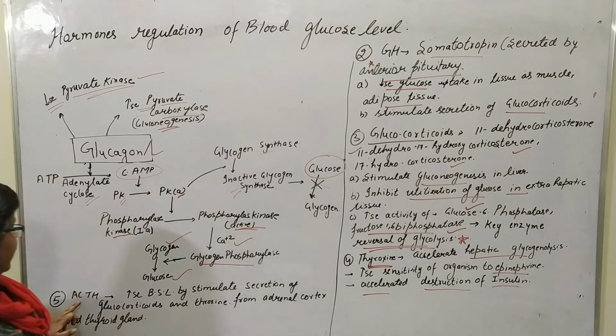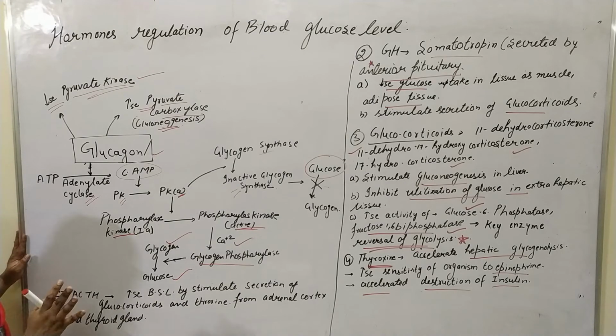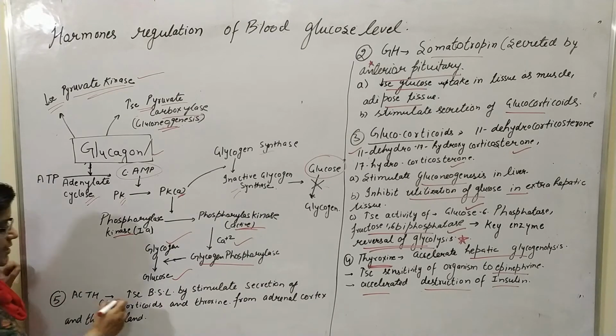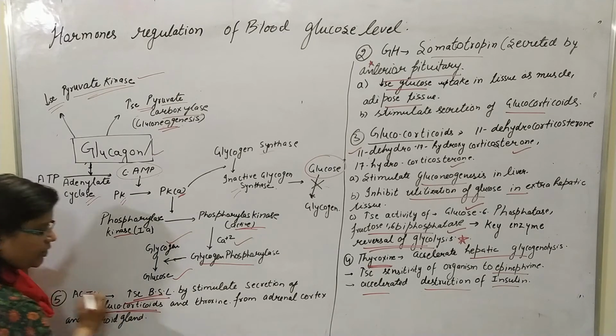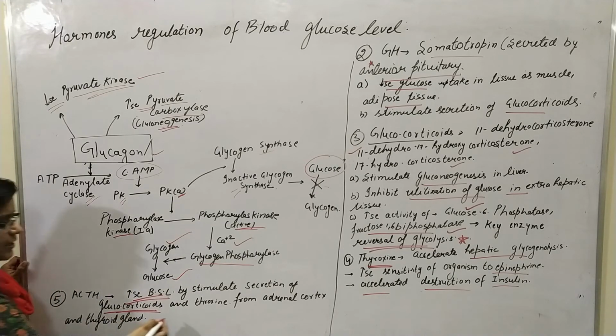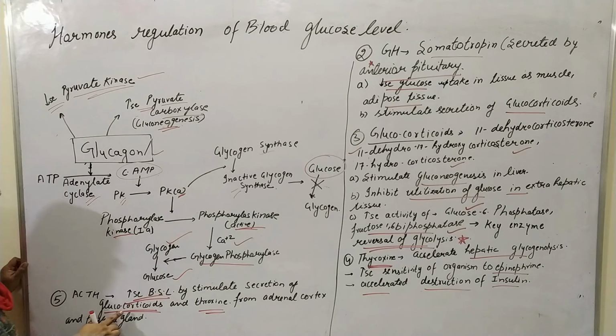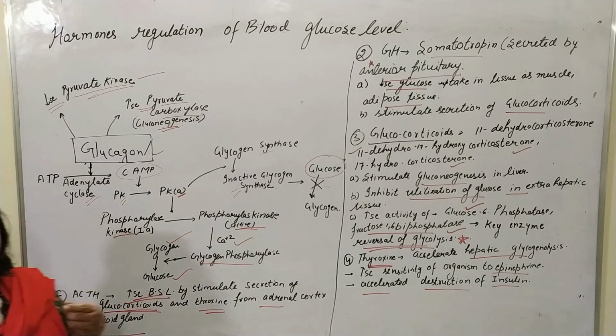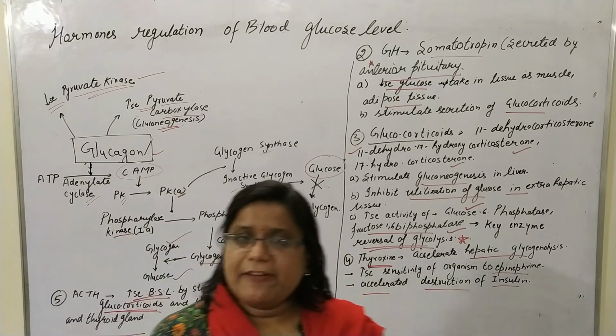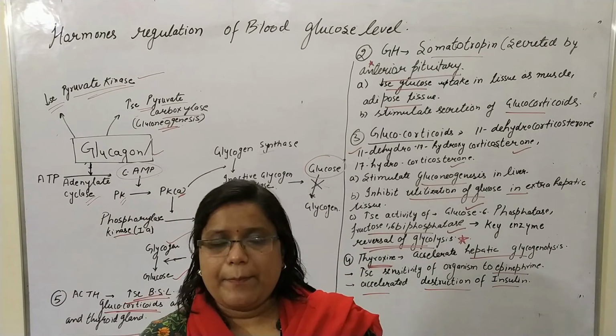Here the adrenocorticotropic hormone increases the blood sugar level and stimulates the secretion of glucocorticoids. The glucocorticoids are released from the adrenal cortex and the thyroxine from the thyroid gland. Now come to the epinephrine part.